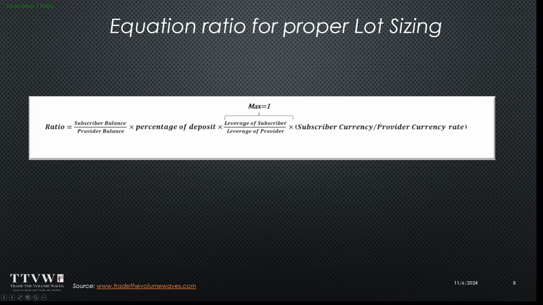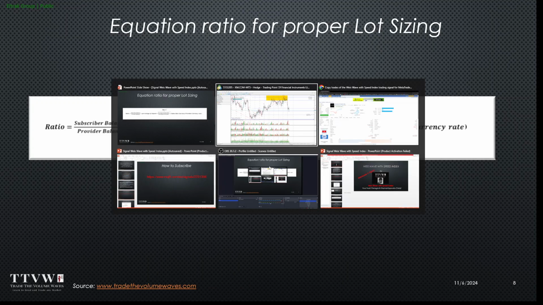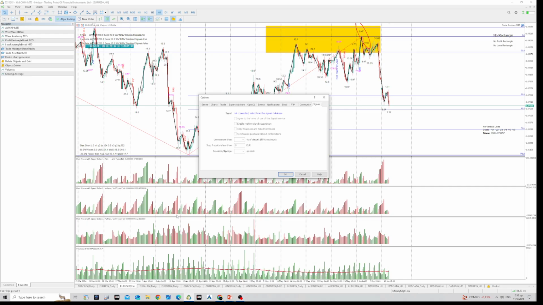If I'm trading, for example, with USD, and you're trading with euros. This information, okay, I have created an Excel file to make this stuff easier. Let me show it to you.